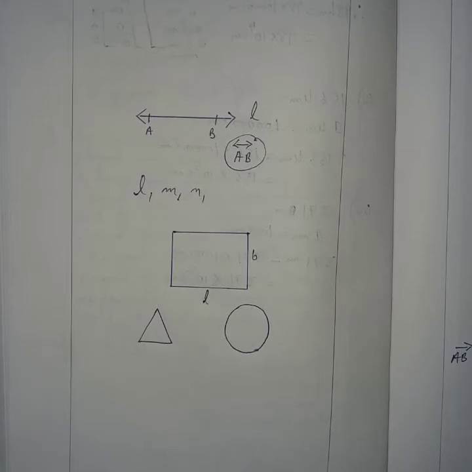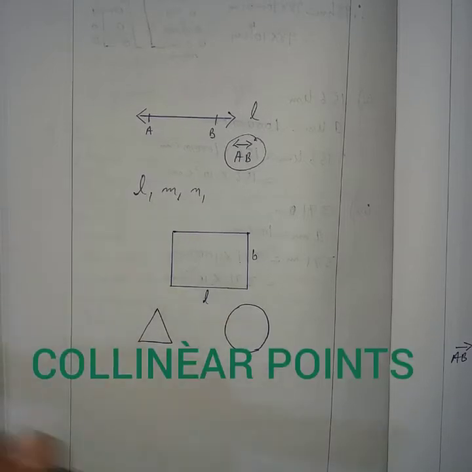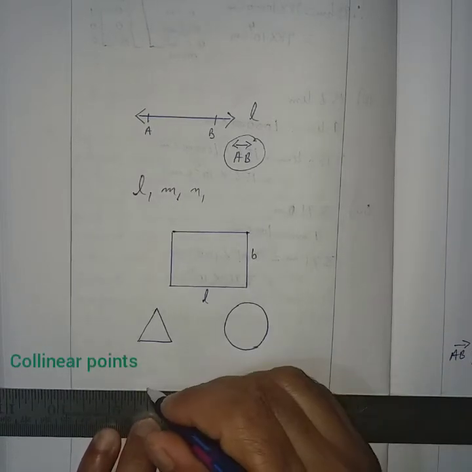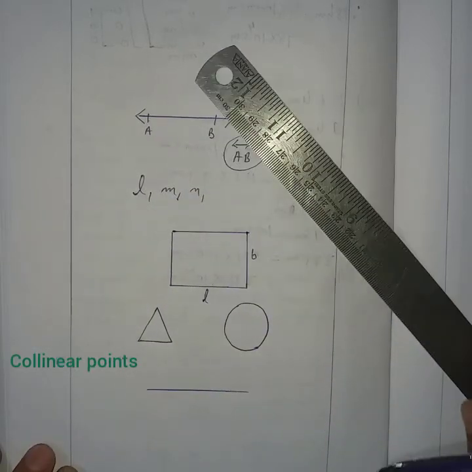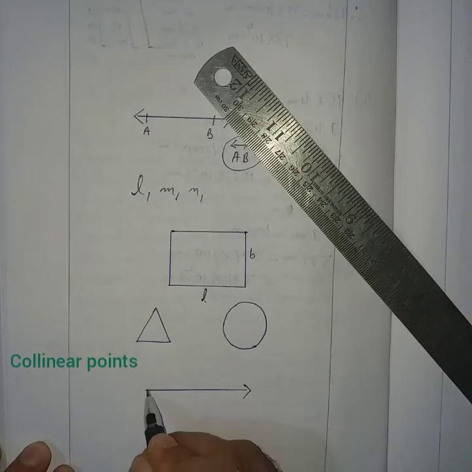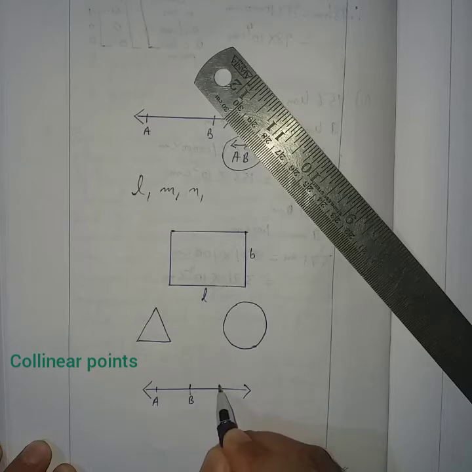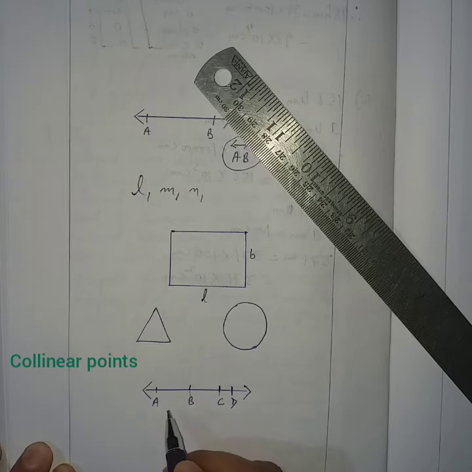Now let's see collinear points. A line, okay, a line segment or a line. Suppose this is a line and this point of the line is A and this point of the line is B and this point of the line is C. Okay, there can be many points, like this point is D. Okay, so collinear points are the points which lie on the same line.